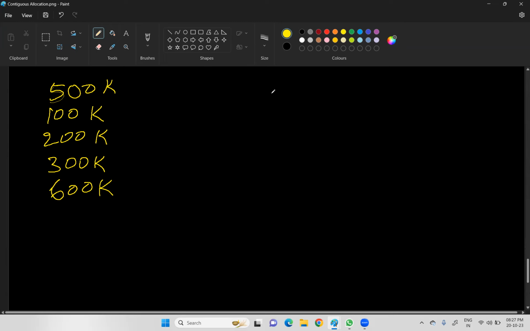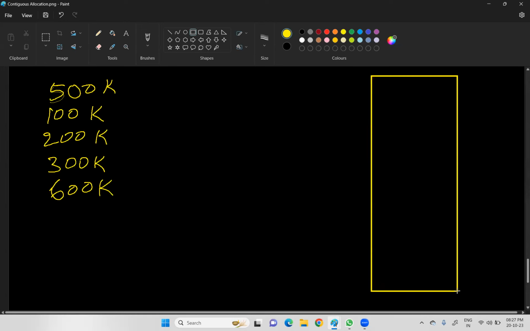Now, your 500, 600, 800, 1100, and 1700, 1800 will be there as a total size of the random access memory here. So you can consider this is 0 to 1800.